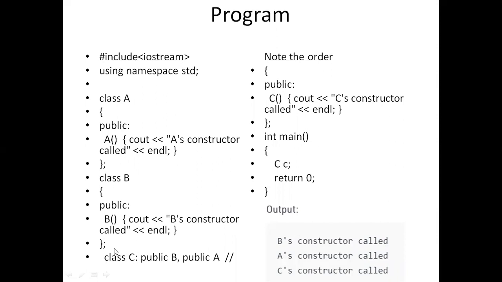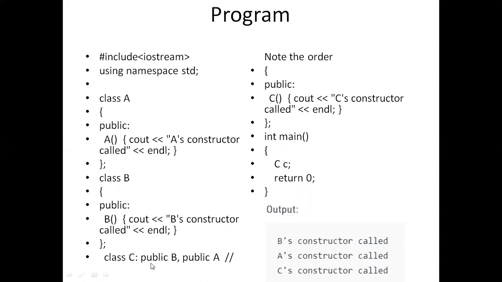Now here we do the multiple inheritance. Here we write class C. Class is a keyword. Okay, and here we write C, the name of the new class, and then colon, and then public B, comma, public A. Now this is how we inherit two classes, public B and public A. Now B is written first and A is written after.